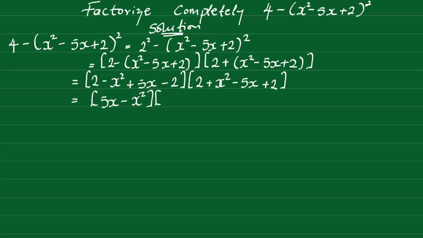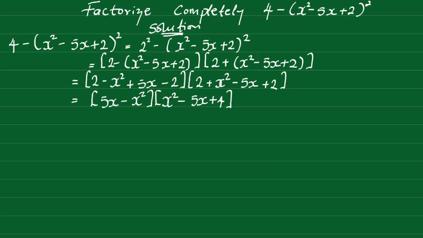We open a second bracket where we have plus 2 plus 2, which gives us 4. So the expression within our second bracket becomes x squared minus 5x plus 4, bracket closed.